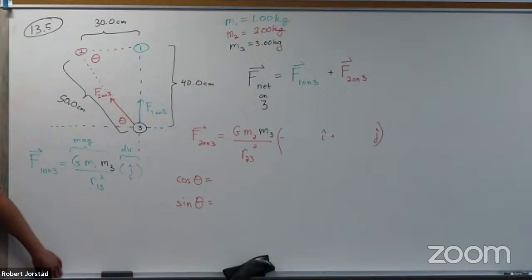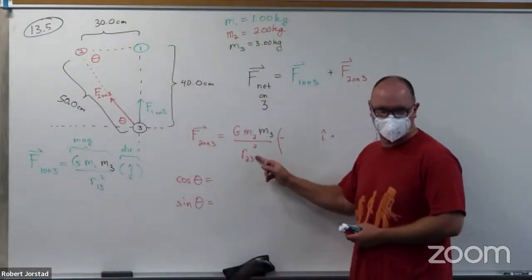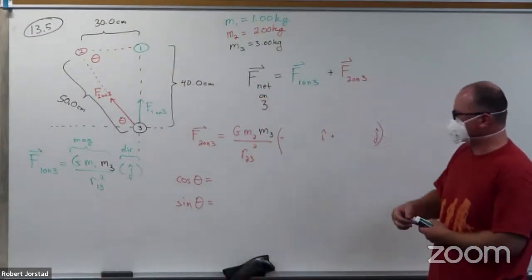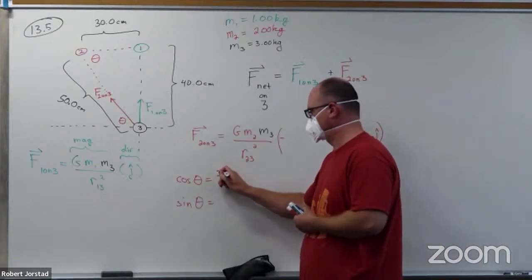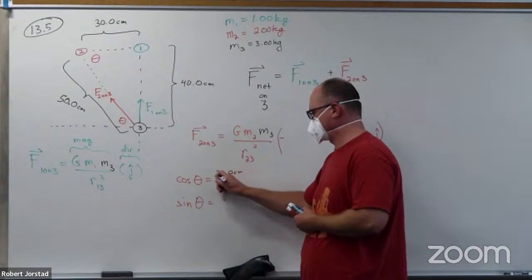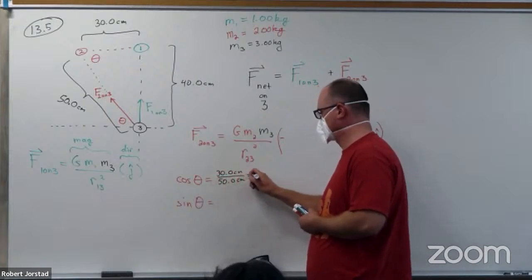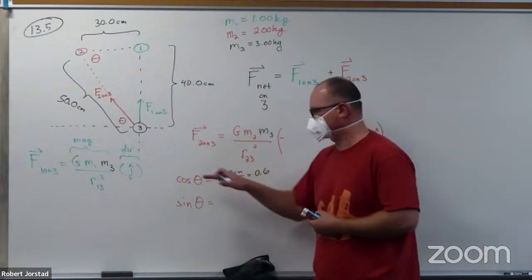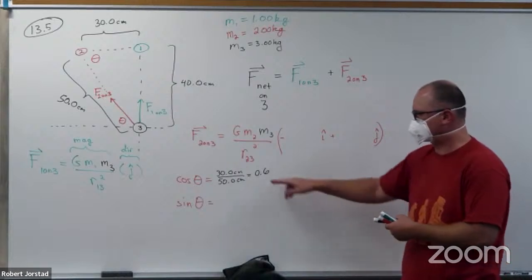Yeah, and the units drop out, so then I don't have to worry about those centimeters screwing me up. Do you agree this is 30 over 50? And the centimeters drop. So it's 0.6. Don't worry about getting the angle. I've got cosine of the angle.